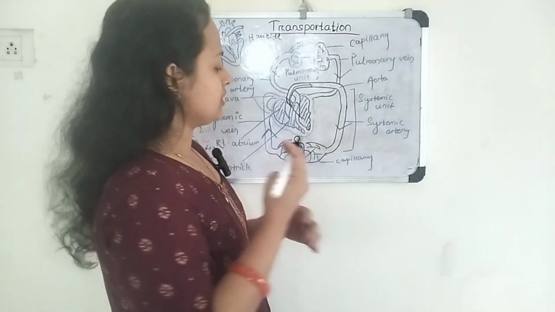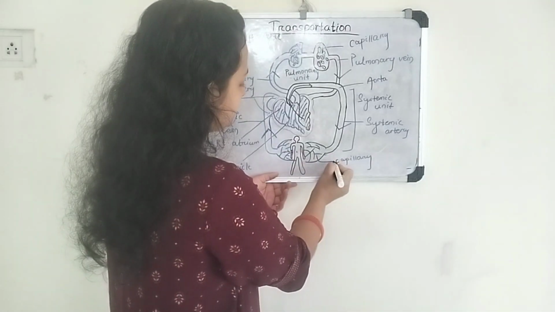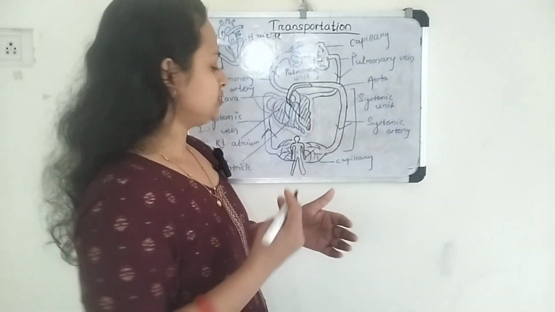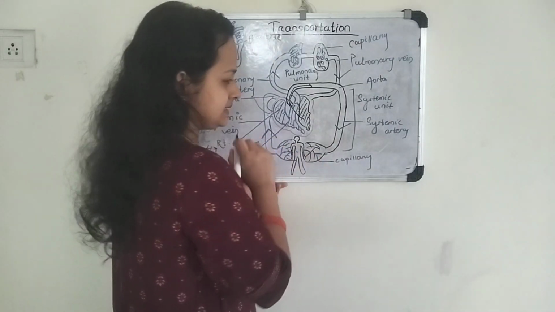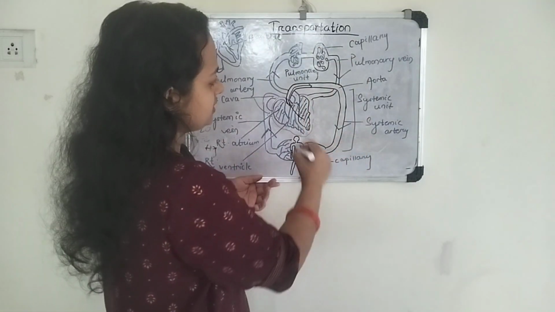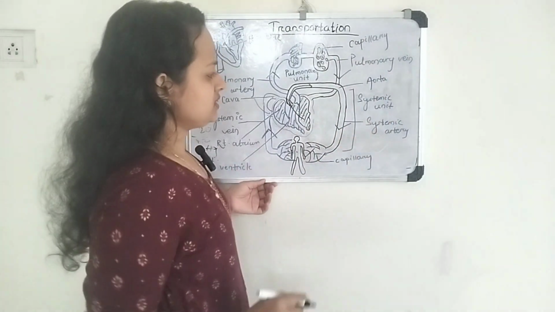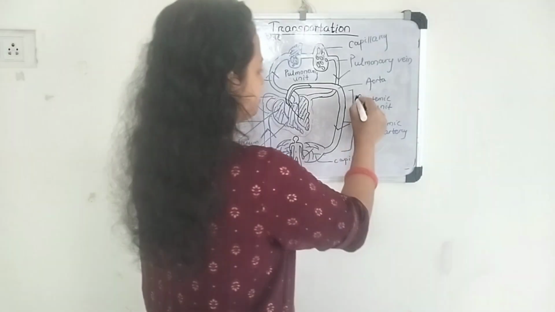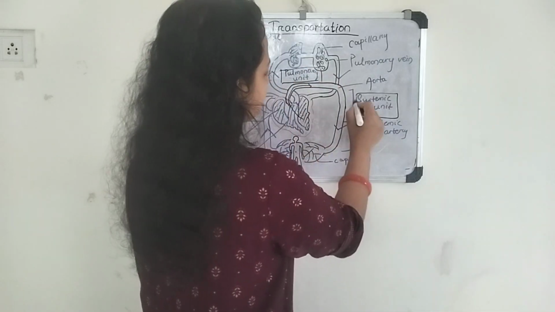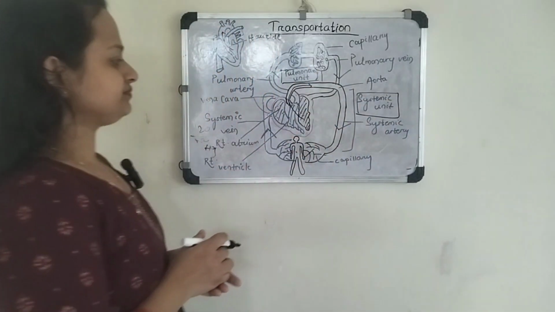At each cell the capillaries are present, and they help in the diffusion of oxygen from the oxygenated blood into the cells. This pathway is known as systemic circulation, or the systemic unit of circulation. This is the pulmonary unit and this is the systemic unit.